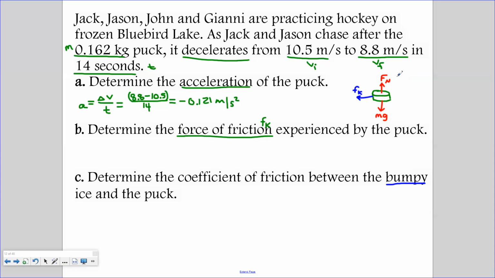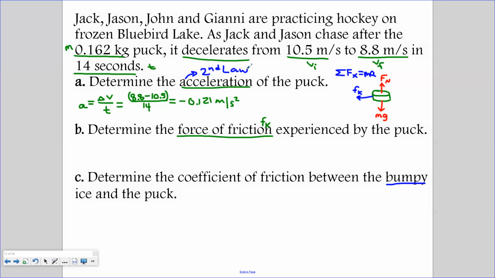So in the x direction, our net force is not 0. Our forces in the x are unbalanced. Clearly, we only have the force of friction going backwards. So we're going to use Newton's second law in that case. Another key is that if we accelerate, that tells us it's second law, our unbalanced forces.